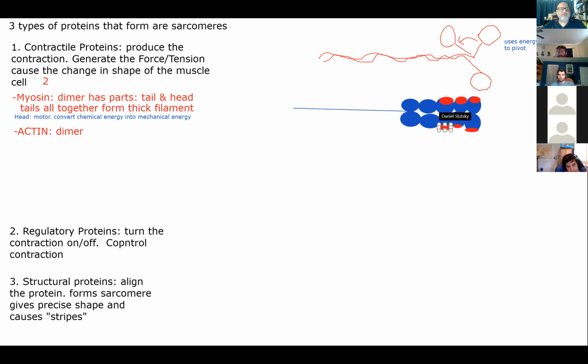So this is a dimer, and it has the binding site for the myosin to grab. All right. And those are our two contractile proteins. Questions on that?